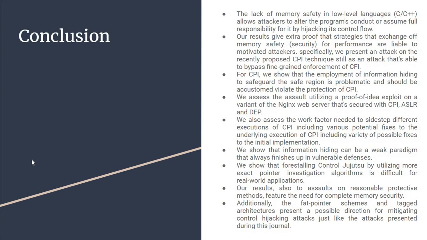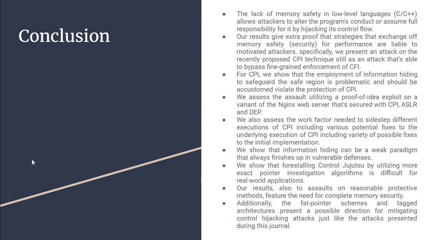The conclusion: the lack of memory safety in low-level languages like C or C++ allows attackers to alter the program's behavior or assume full control of it by hijacking its control flow. Our results give extra proof that strategies that trade off memory safety for performance are vulnerable to motivated attackers.